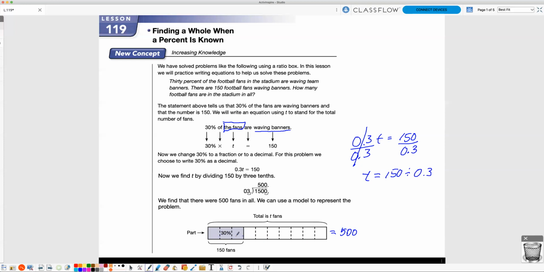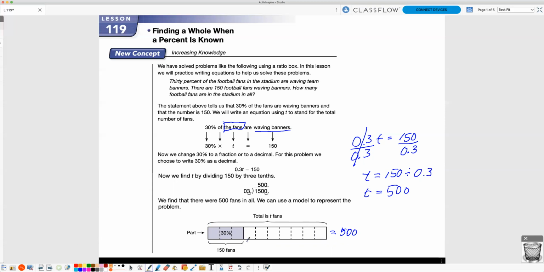So 3 parts of those. Each part has 10% in it. So if you had 150 fans divided by 30%, which is the same as 3/10, you see that T equals 500, and that would be the total number.